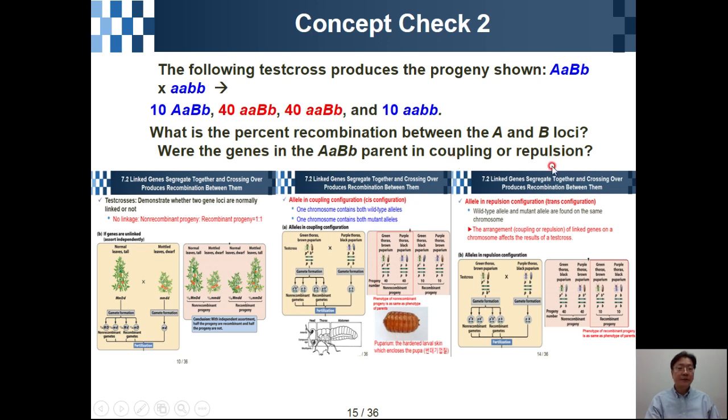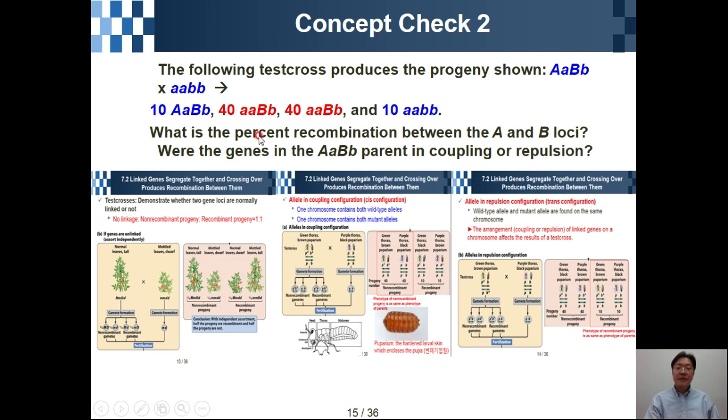The alleles are in the repulsion configuration, because the recombinant number is small, so this is the recombinant. The phenotype of the recombinant is the same as the phenotype of the parents. In this case, the genes are in the repulsion or trans configuration.